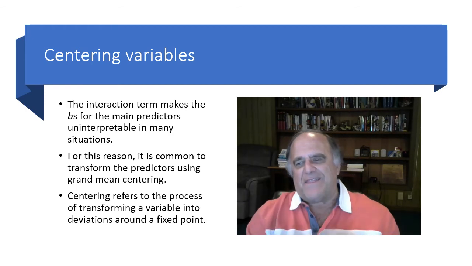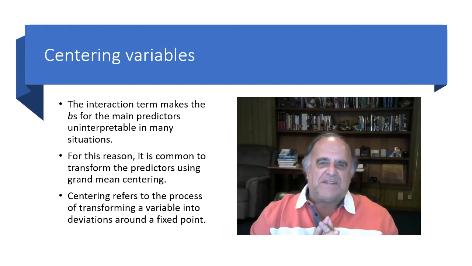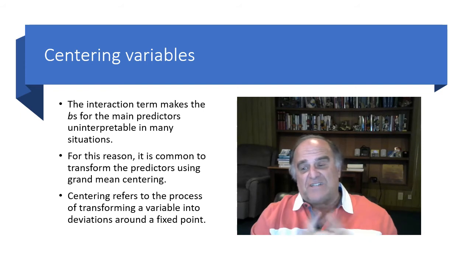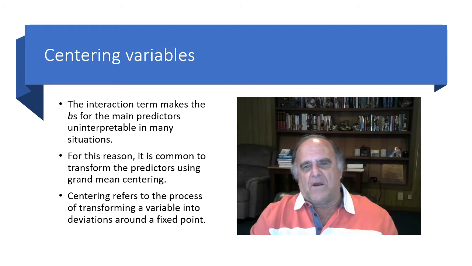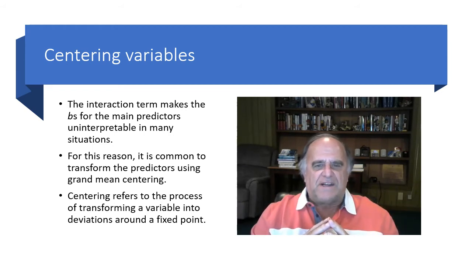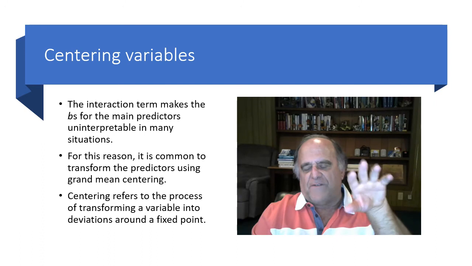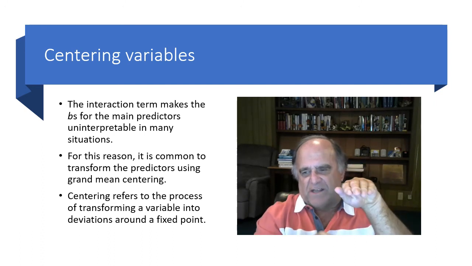If we don't center the variables, then the interaction term is often sort of uninterpretable. So by centering, by using what's called grand mean centering, we transform the predictors and make the results more interpretable, because basically what we're looking at is one variable at the 0 point of the other variable.